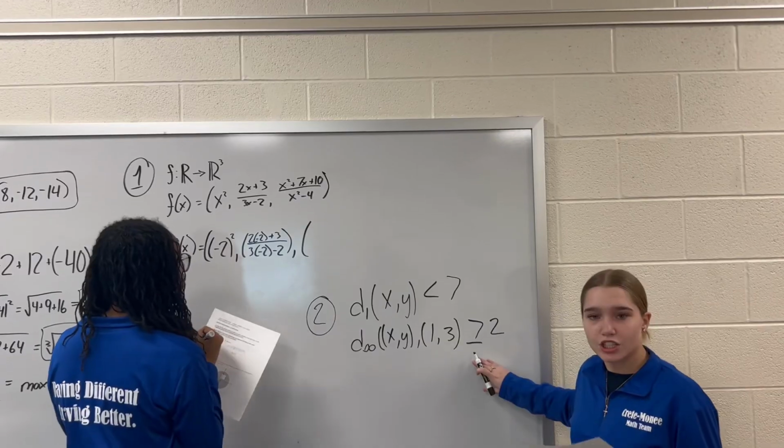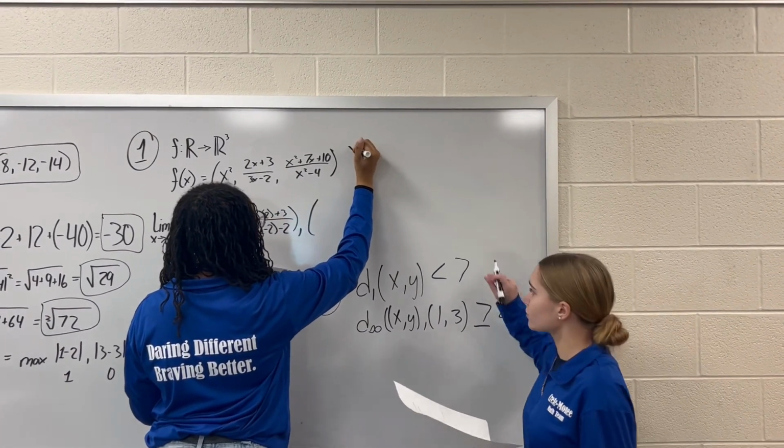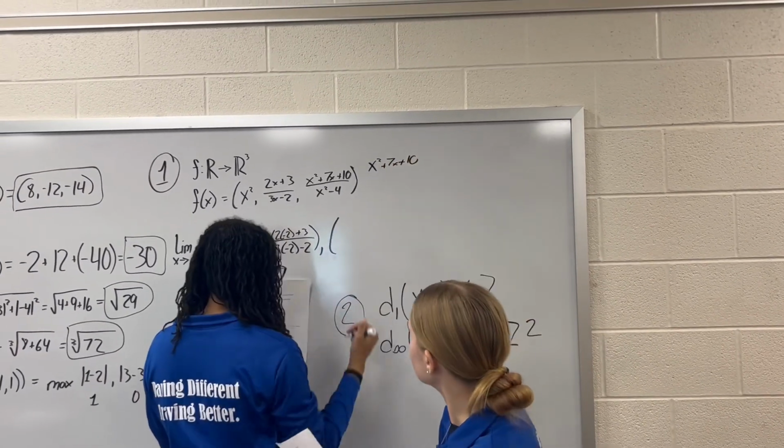So that shows that it's shaded outside of the square but inside of the circle. And then since there's no equal sign, we show that it is a dotted line.